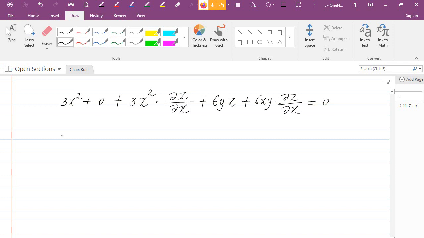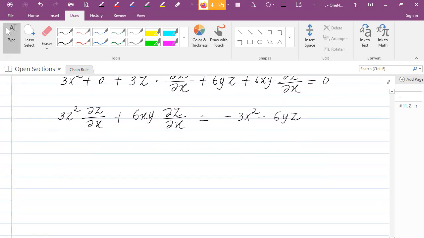So I'm going to be left with 3z squared partial derivative of z with respect to x plus 6xy partial derivative of z with respect to x, and on the right hand side I'm going to get negative 3x squared minus 6yz.